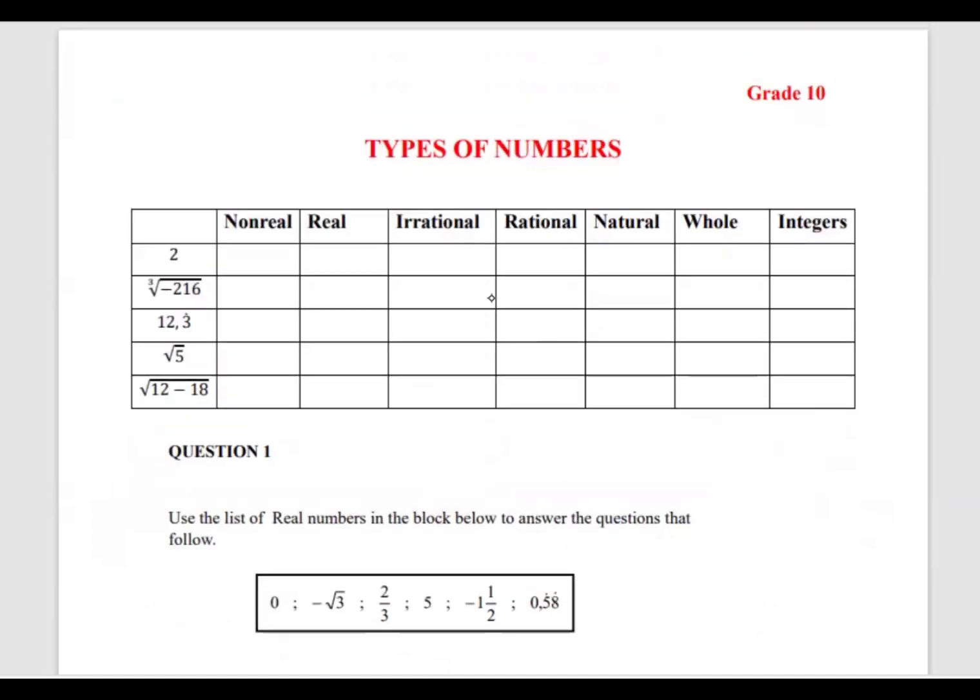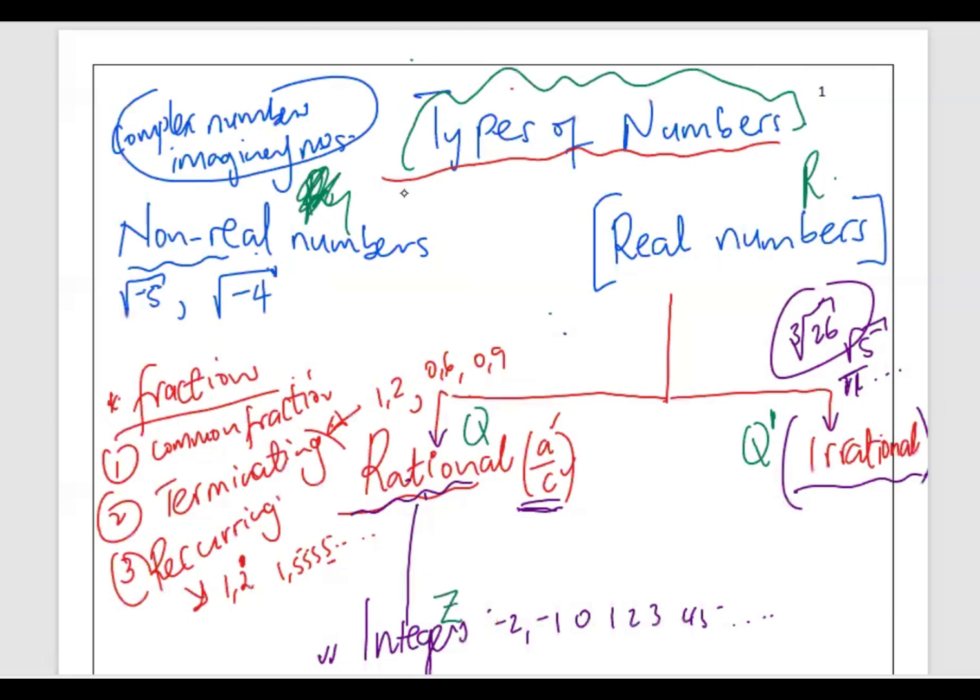Sometimes they can ask you to use a tick or a cross just to indicate where the number falls, okay? Now, remember what we said, a number can either be real or non-real. This is the first step. Then if a number is real, it can either be irrational or rational.